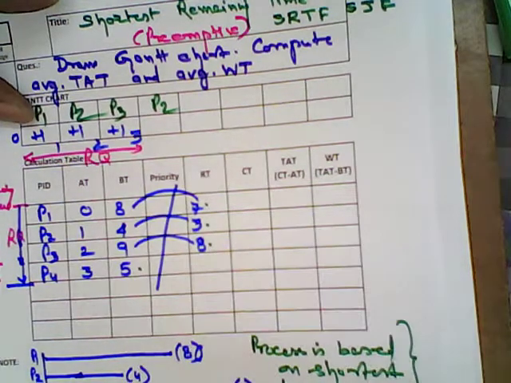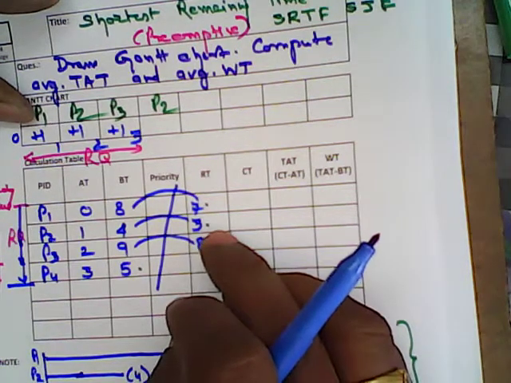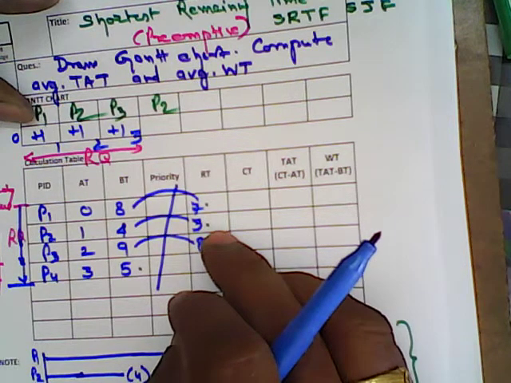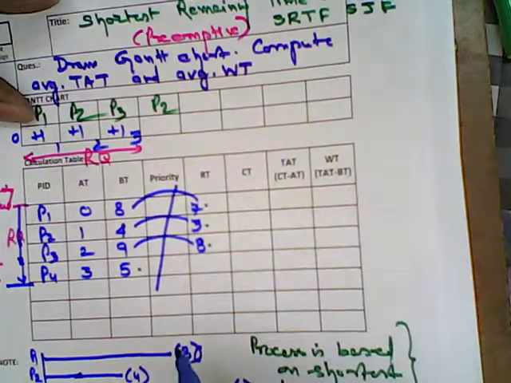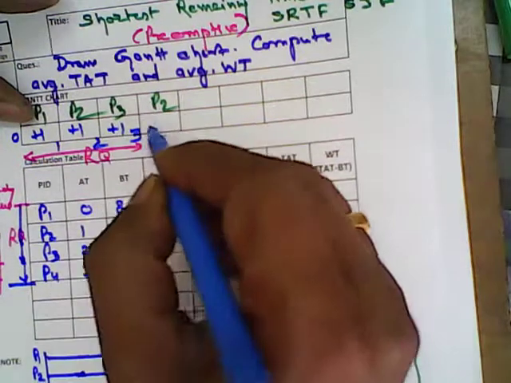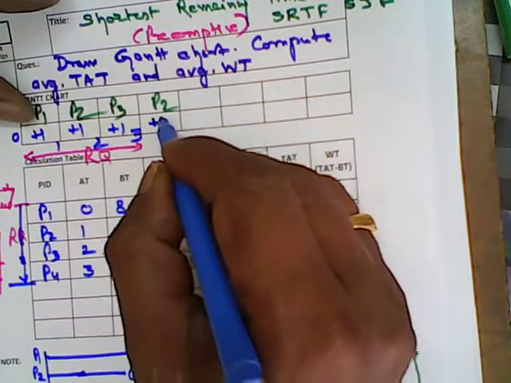Is it going to process for a total of 3? It is going to process for the remaining time, 3. So we will be putting +3 here. So 3 plus 3 comes as 6.